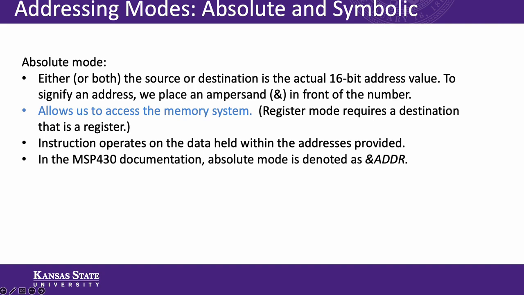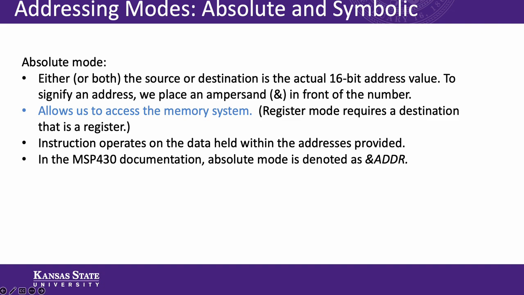So we have to know the address value, and so really absolute mode addressing is not used a lot in practice for that reason. To signify an address, we put an ampersand in front of the number. That tells the assembler that we have an address here, not some hexadecimal or some sort of data.